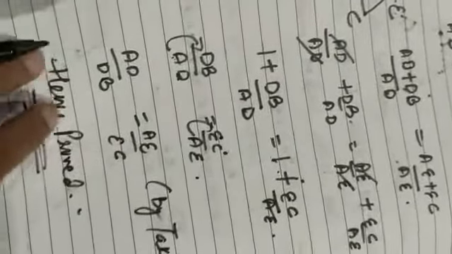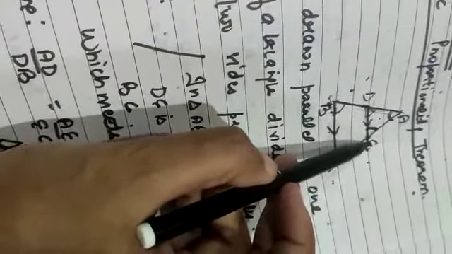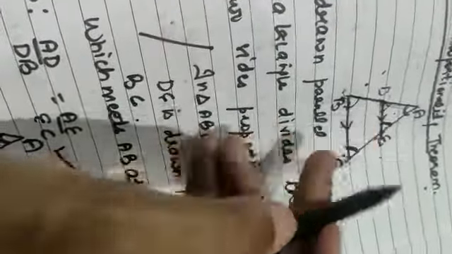So what you have observed from here by using this BPT is that if any line is drawn parallel to any side of the triangle, then this line divides these two sides in proportion.